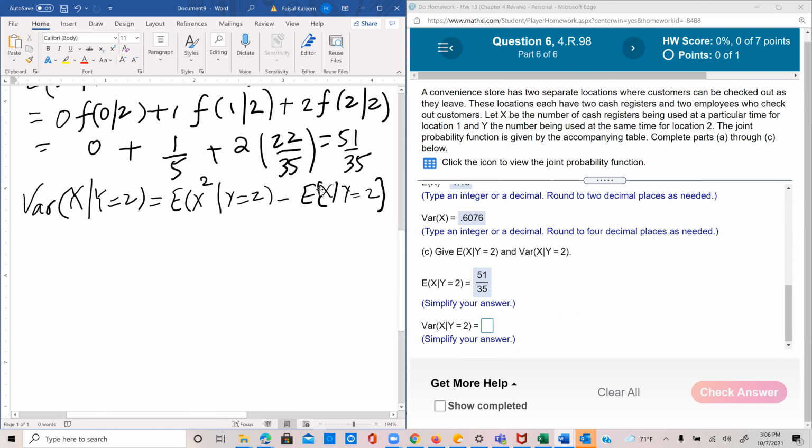So we already have E of x given y is equal to 2. That's 51 by 35. So we need to calculate E of x squared given y is equal to 2.